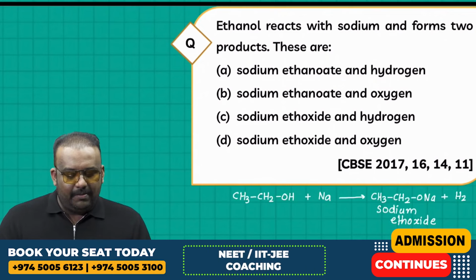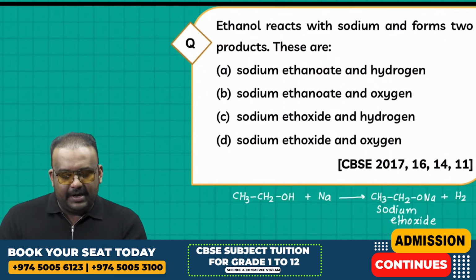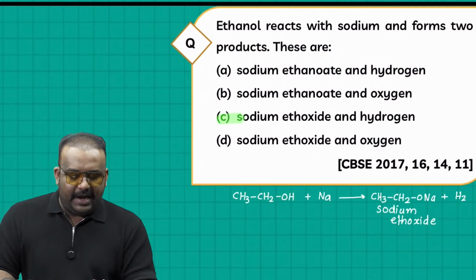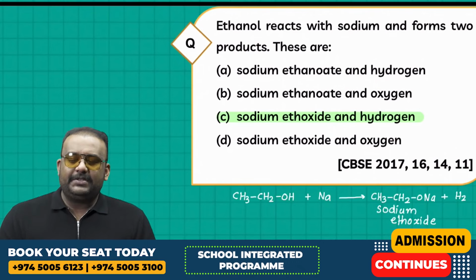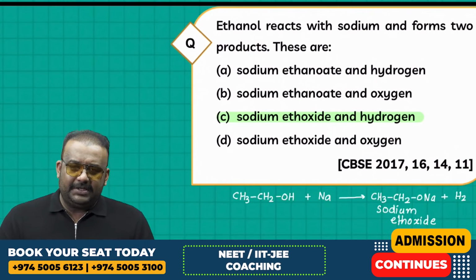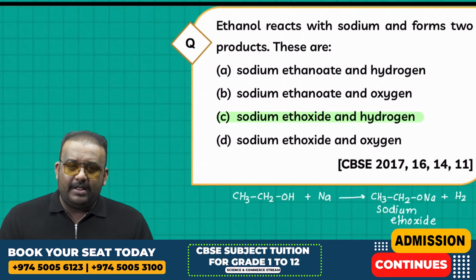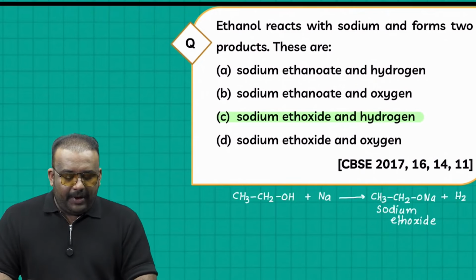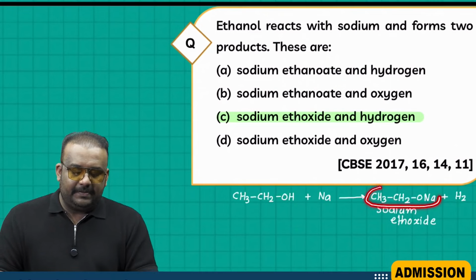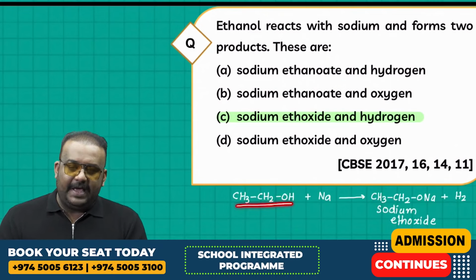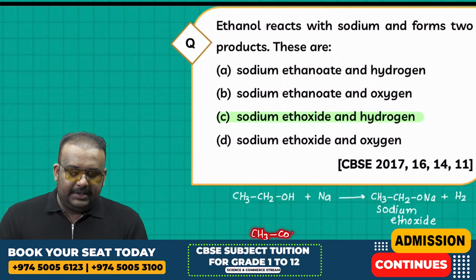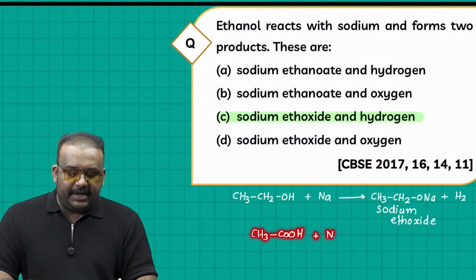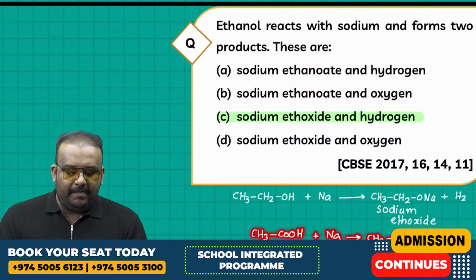So, they asked the two products which are formed in this reaction: sodium ethoxide and hydrogen gas. Let me tell you a very important point from this question, which is that the most common error that you may commit is in the product which is formed during this reaction. Because you also know that instead of ethanol, if you take ethanoic acid, which is CH3COOH, if this reacts with sodium, you get CH3COONa plus H2.